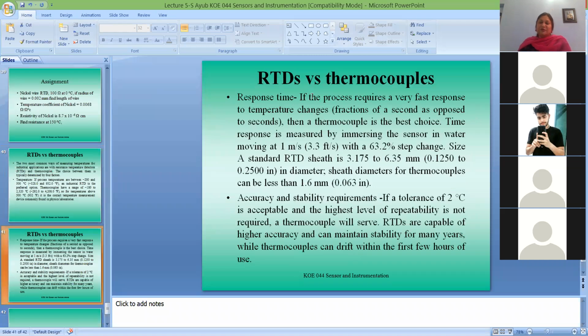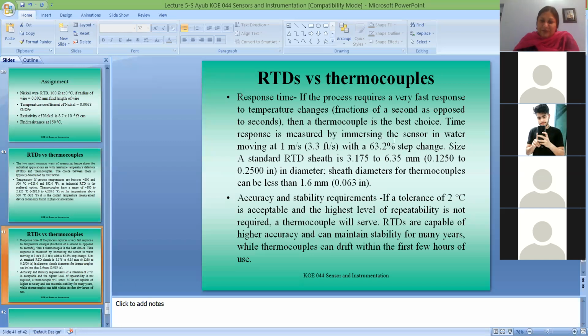Next is response time. Response time means how fast is it responding to the change in the temperature of measurement. Like suppose if you apply 20 degrees Celsius and next time suppose if you change the measurement temperature as 25 degrees Celsius, then it should immediately sense the change. So that is your response time. If the process requires a very fast response to temperature changes, fractions of second as opposed to seconds, then a thermocouple is best choice, because thermocouple is fast responsive.